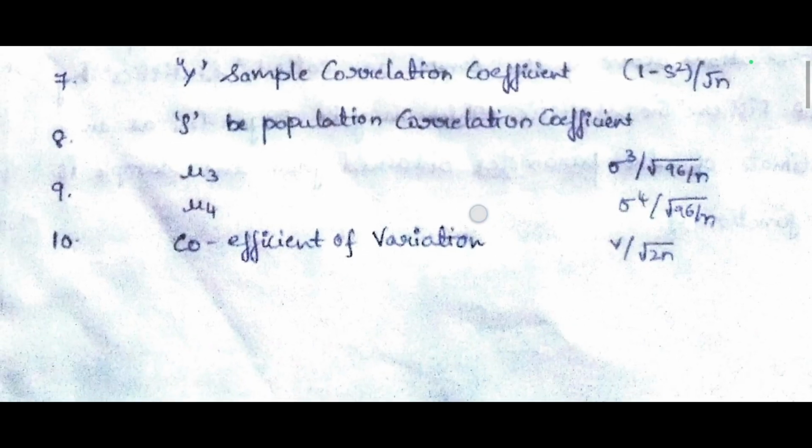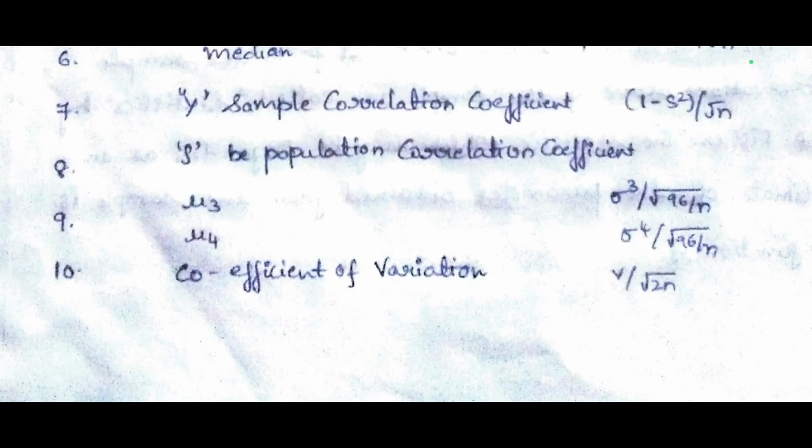Next, mu3, sigma cube under root of 96 divided by n. And mu4, sigma to the power of 4 under root of 96 divided by n. The coefficient of variation, that is v divided by root n. These are some statistics and their standard errors.